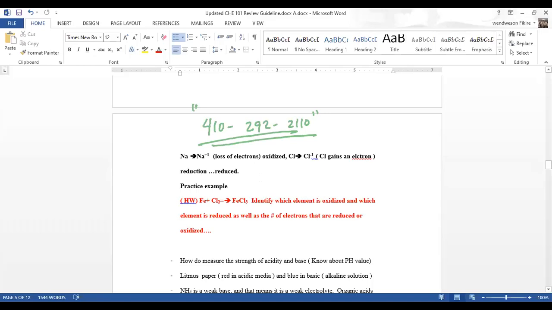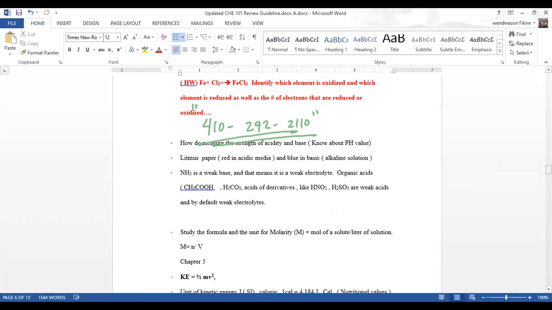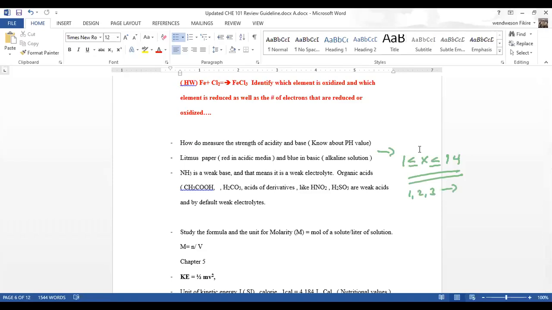Now, how do we measure the strength of an acid? The strength of an acid and a base would be another question. One of the measurements we use is the pH value. The pH value runs between 1 and 14. Values like 1, 2, 3 are considered strong acids.